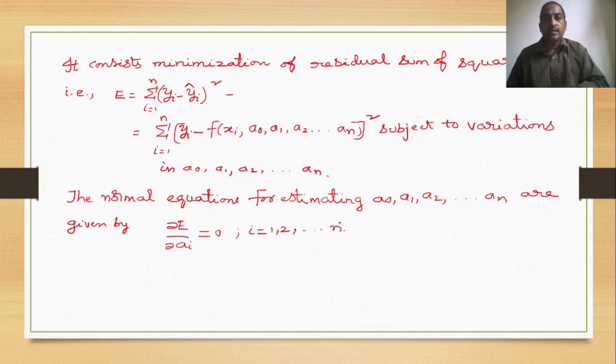So you are getting n normal equations. If you solve these normal equations, then you find out a0, a1, a2, and so on.